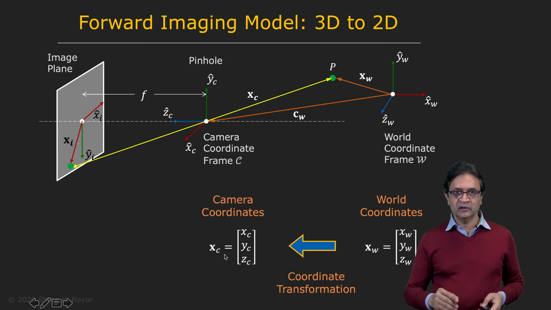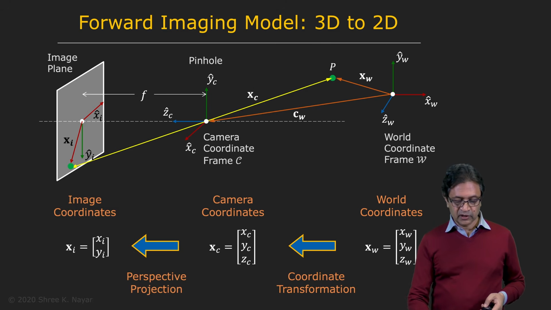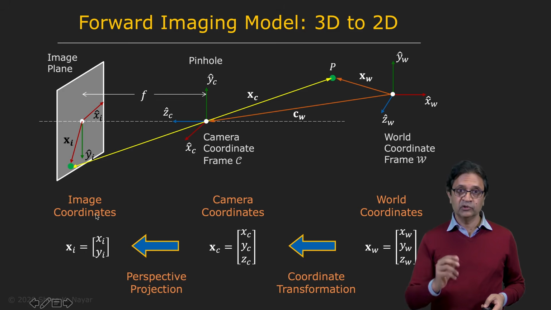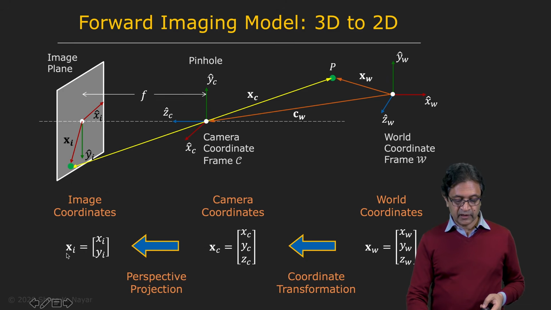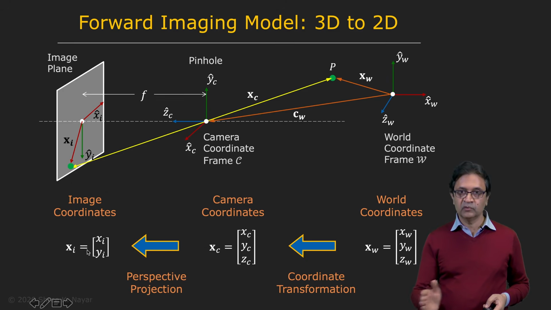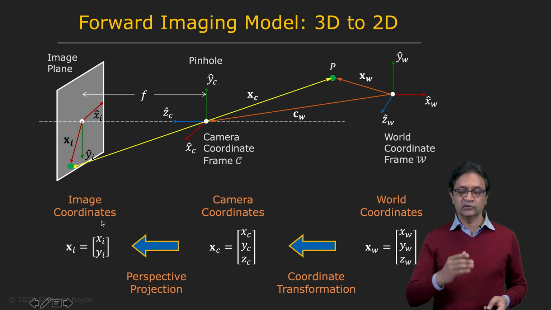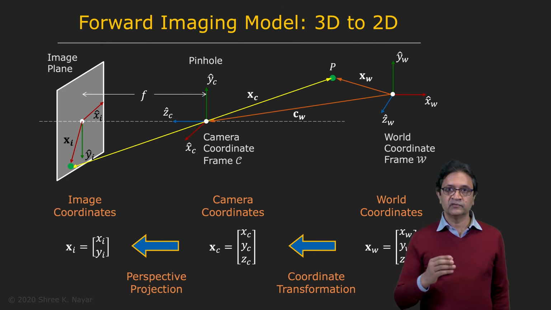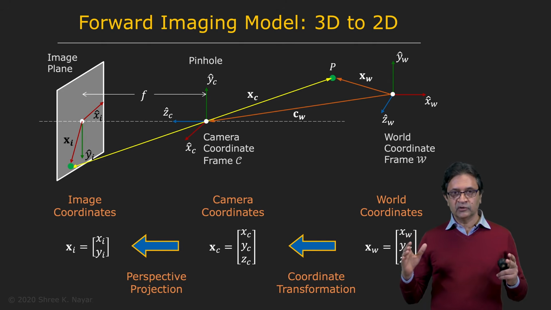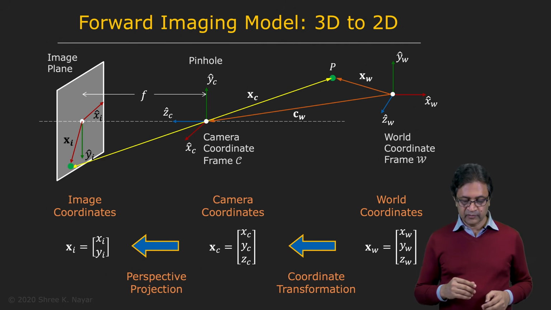Once we have xc, we can then apply perspective projection to end up with the image coordinates, which are now 2D coordinates on the image plane xi. So this whole model, going from world coordinates to image coordinates, 3D to 2D, is what's referred to as the forward imaging model, and we're going to use it to develop a comprehensive linear model for the camera.